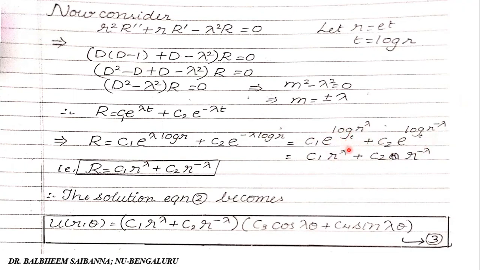Then simplify this. E to the power of logarithm of r to the power of lambda to the base e, you will get only r to the power of lambda. This will get r to the power of minus lambda. So the final solution is R is equal to C1 r to the power of lambda plus C2 r to the power of minus lambda. The solution of equation 2 becomes this equation.